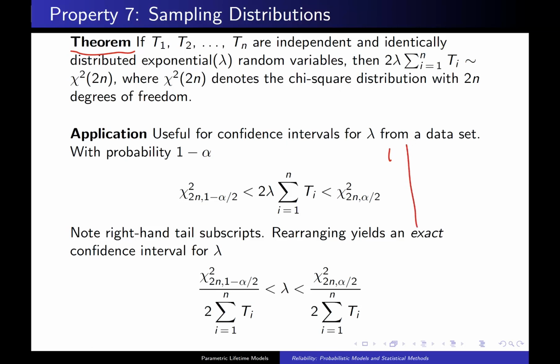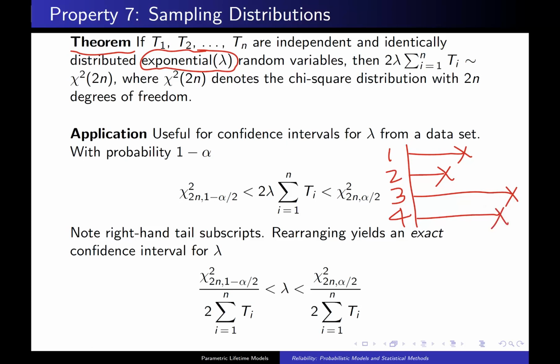Let's assume that we've got 4 light bulbs that we're going to place on test, and remember, these light bulbs are all of the same wattage and the same brand. So these might be 60-watt General Electric light bulbs. Let's just say the first one fails here, second one fails here, next one fails here, finally the last one fails right here.